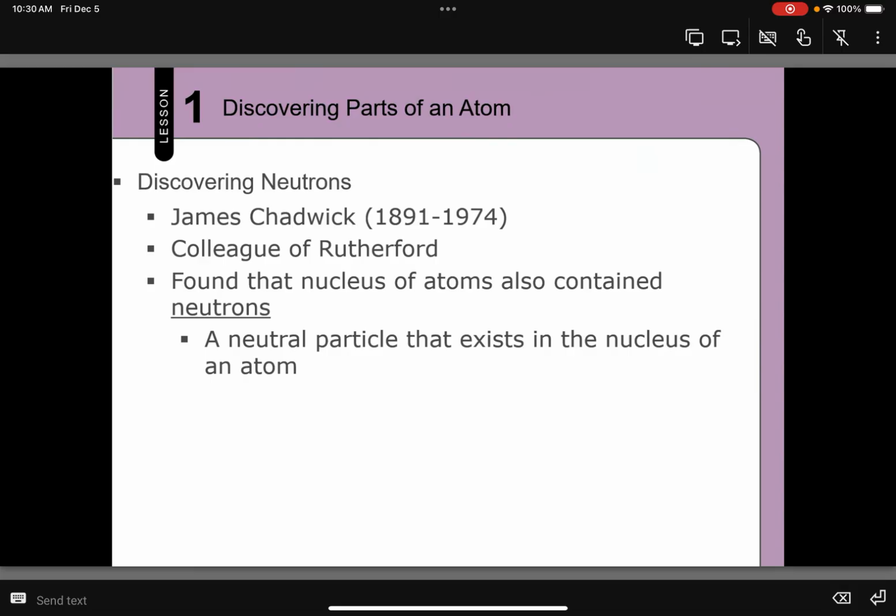They have no charge on them. Okay? So what is their function? Well, they're found in the nucleus of the atom as well, and they are roughly the same size and mass as a proton, and so they add to the mass of our atoms.